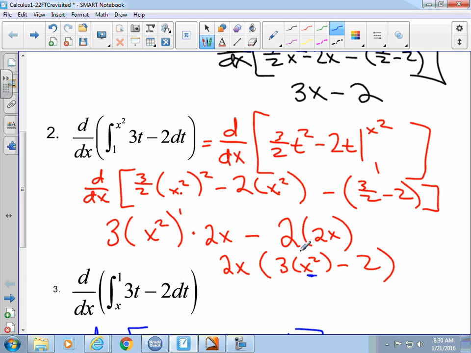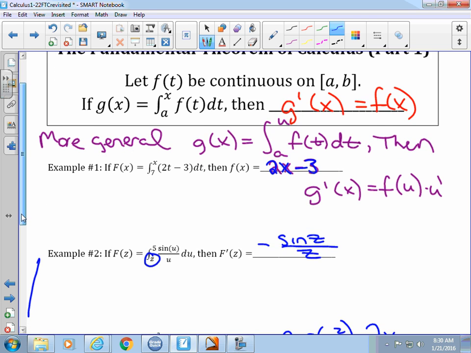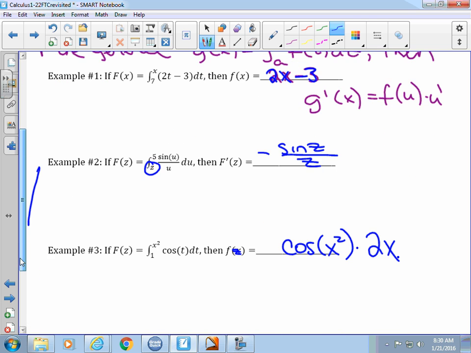Anyway, the reason this happened is when I do that derivative, because this is something other than just an x, I'm going to get a chain. If you were doing the derivative of cosine of x squared, which we're not, it would be negative sine of x squared times 2x.